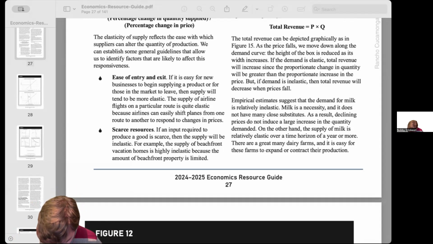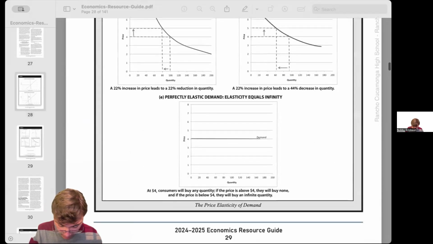So if the demand is elastic, total revenue will increase since the proportionate change in quantity will be greater than the proportionate decrease in price. I think it even shows it in the figure here.